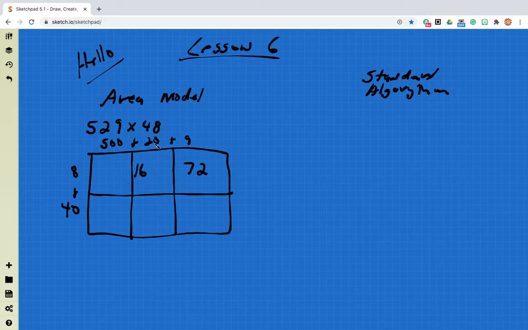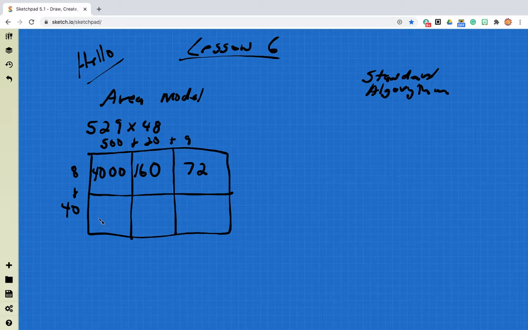So 8 times 2 tens would be 16 tens, or 160, right? 8 times 500. Well, 8 times 5 is 40, is it not? But 8 times 5 hundreds would be 40 hundreds, which is 4,000. You see that?